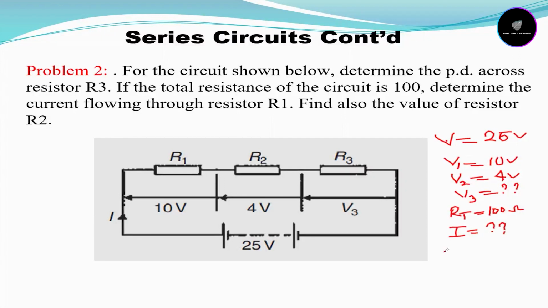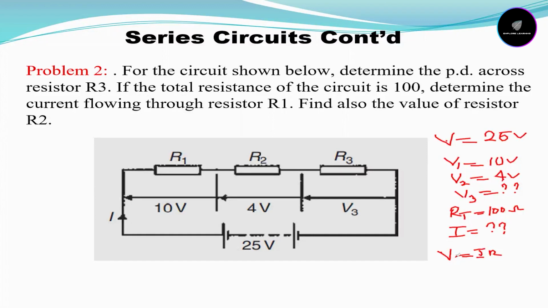Now remember from Ohm's law, it says V equal to IR. Since we have the total voltage as 25 volts, we have the total resistance as 100 ohms. From there, we can get the current. That makes it easy because the current is going to be the same all through.